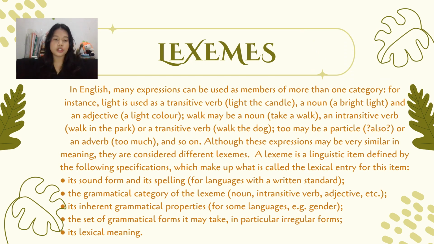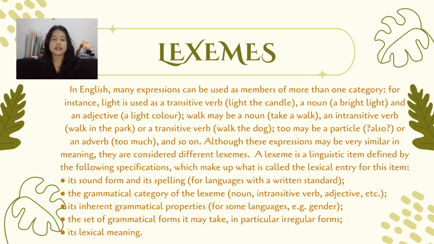So in English, there are many expressions that can be used as members of more than one category. For instance, light can be used as a transitive verb, as in light the candle, can also be used as a noun, as in a bright light, and as an adjective, as in a light color.